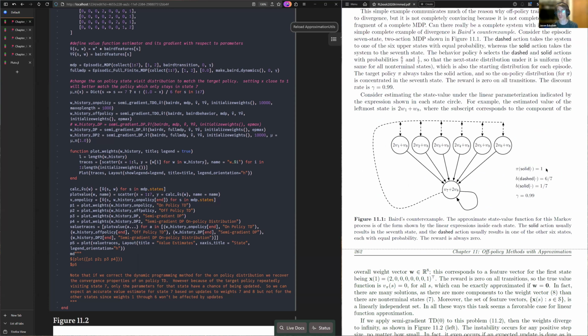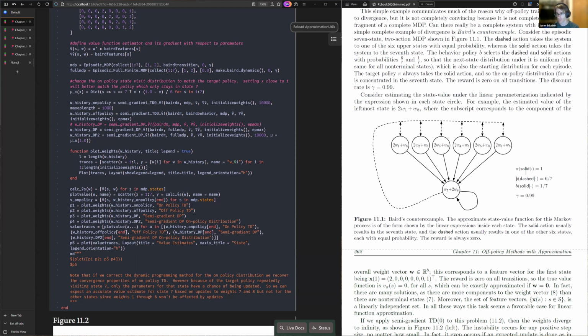You would have to restart. Even if you restart the importance sampling ratio, you don't know the starting point, whatever the probability was of being in that state under the target policy. So that's why, previously, how do you sample the on policy distribution? Well, you sample it by following the policy.